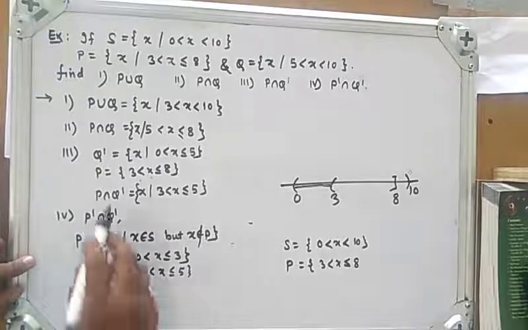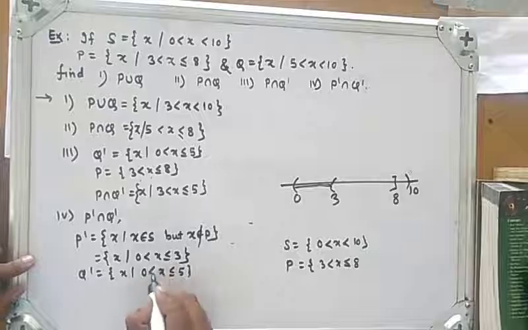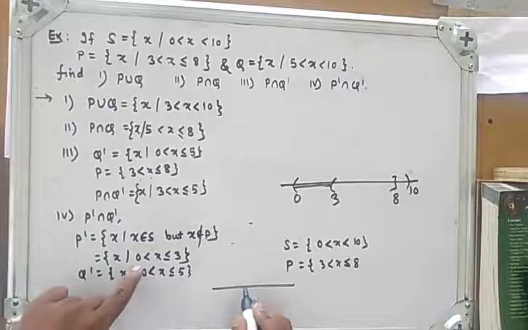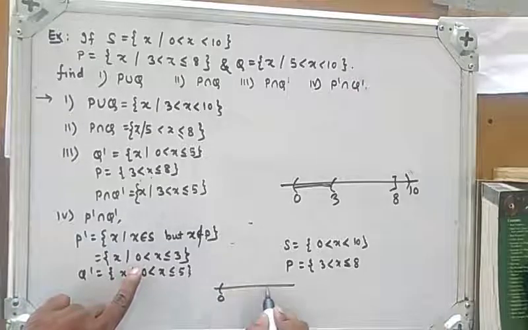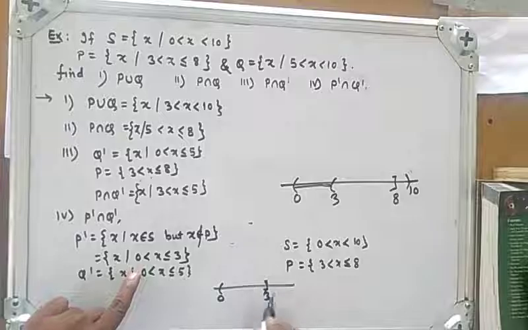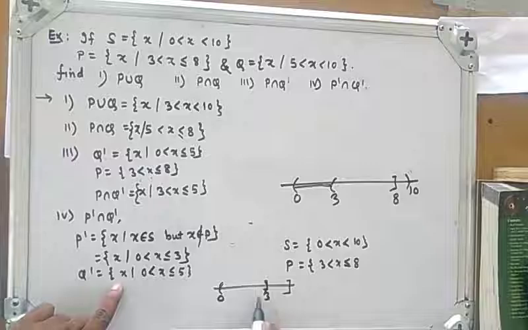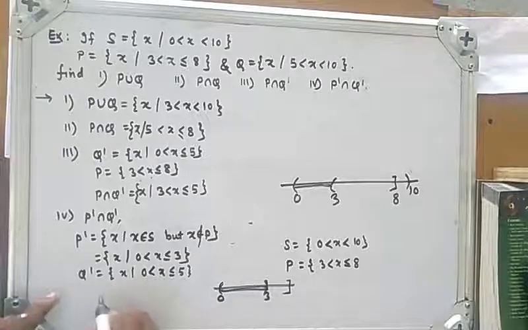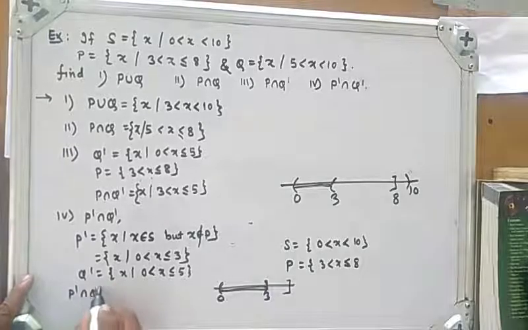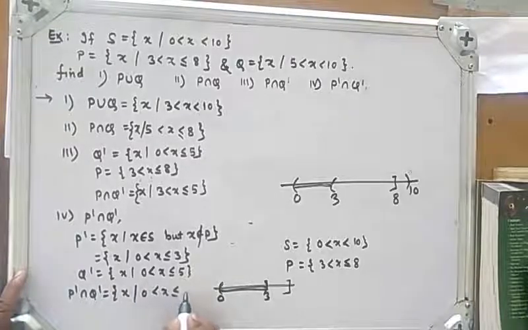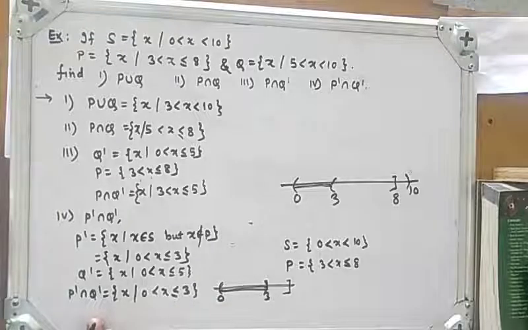Now to find the intersection, the common points between these two on the real line: P complement has values from 0 to 3, and Q complement has values from 0 to 5. So the common elements are from 0 to 3. So P complement intersection Q complement is the set of all points X such that 0 less than X less than or equal to 3.